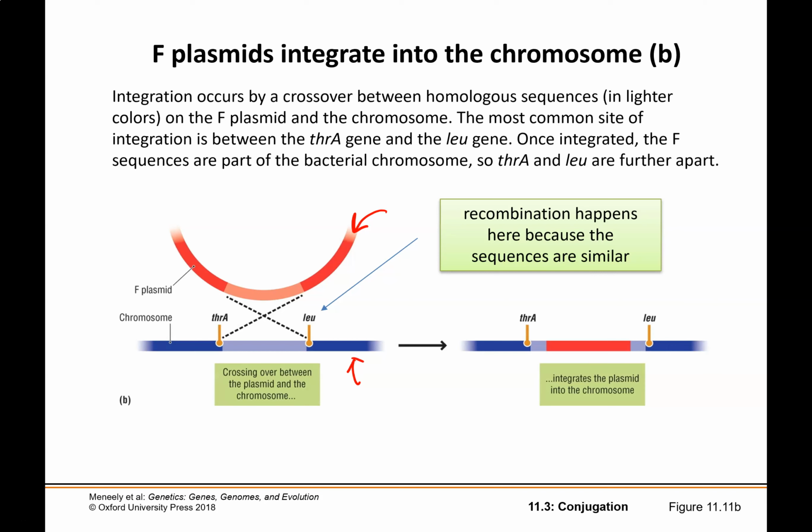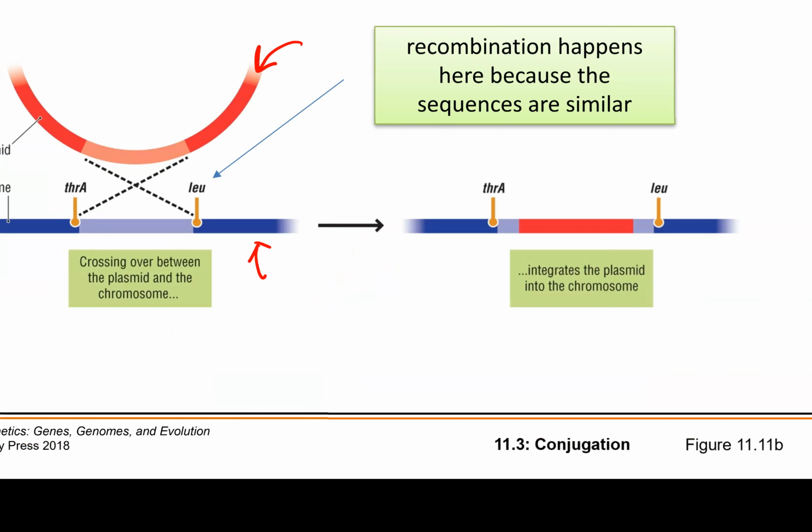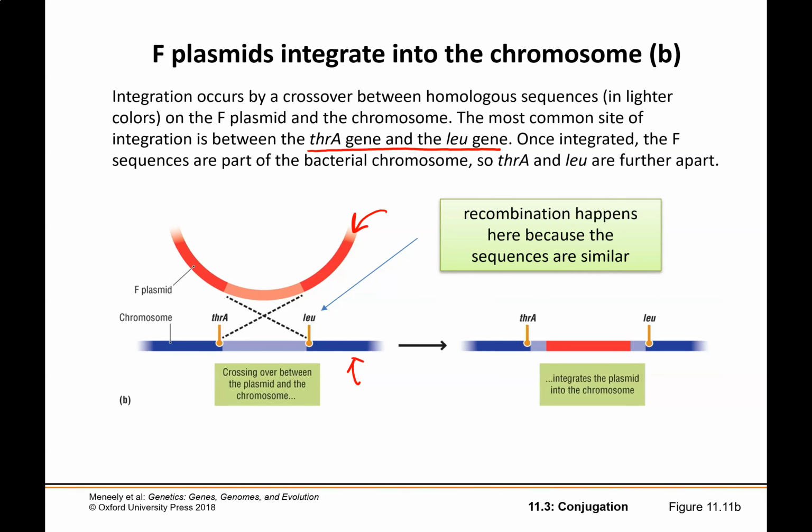The most common site of integration is between the thr A and leu genes. These refer to threonine and leucine. These are amino acids, and these are genes that synthesize these amino acids. There's a sequence similarity between the DNA sequence between this thr and leu gene that is similar with a region on the fertility factor plasmid.